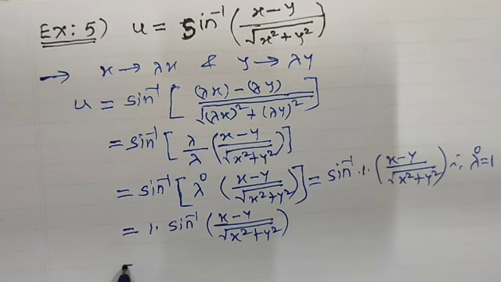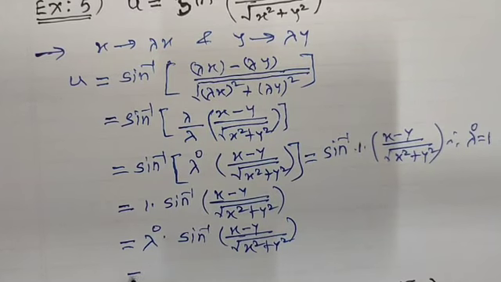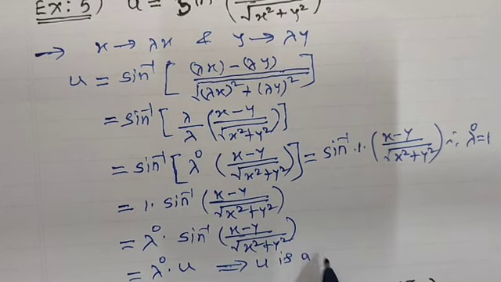So this 1 is nothing but lambda to the power 0 into sine inverse of (x minus y) upon square root of x square plus y square, which is nothing but lambda to the power 0 into u. This implies u is a homogeneous function.